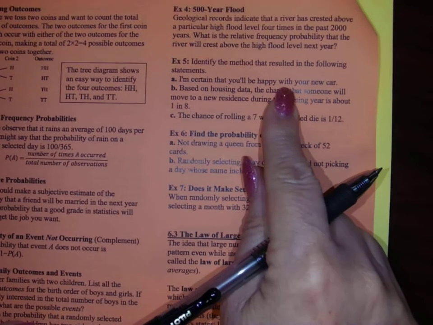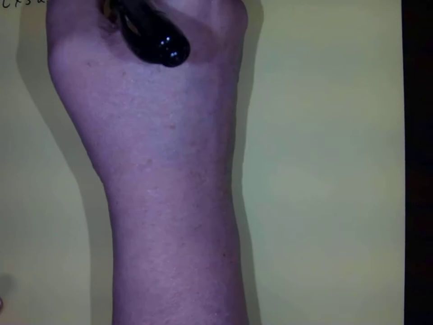Oh, it's probably a car dealer, or it's their friend, or whatever. So for example 5, part A, this is going to be subjective, because it is an opinion. I'm just going to put opinion.